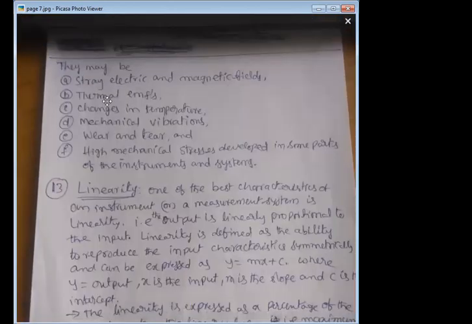The first one is stray electric and magnetic fields, thermal EMFs, changes in temperature, mechanical vibrations, wear and tear problems, high mechanical stresses developed in some parts of the instruments and systems. Because of these particular cases, the systems produce a drift.